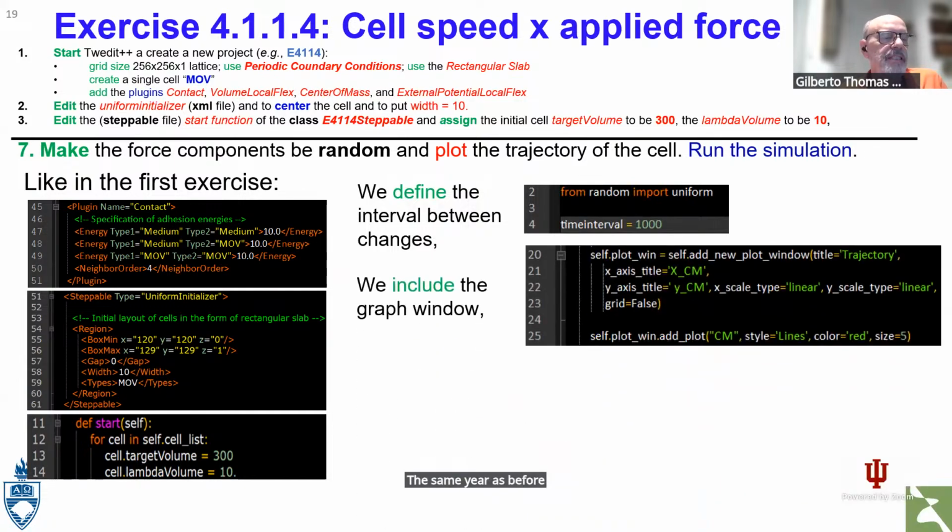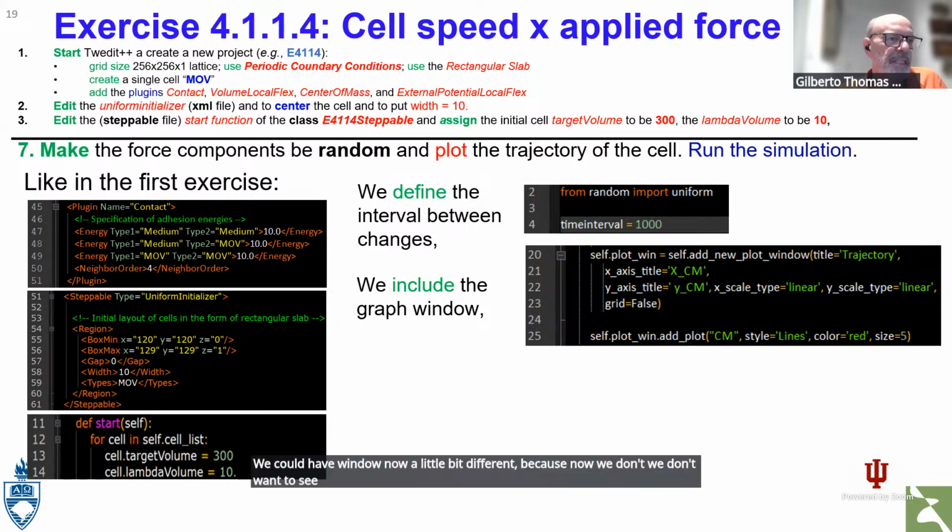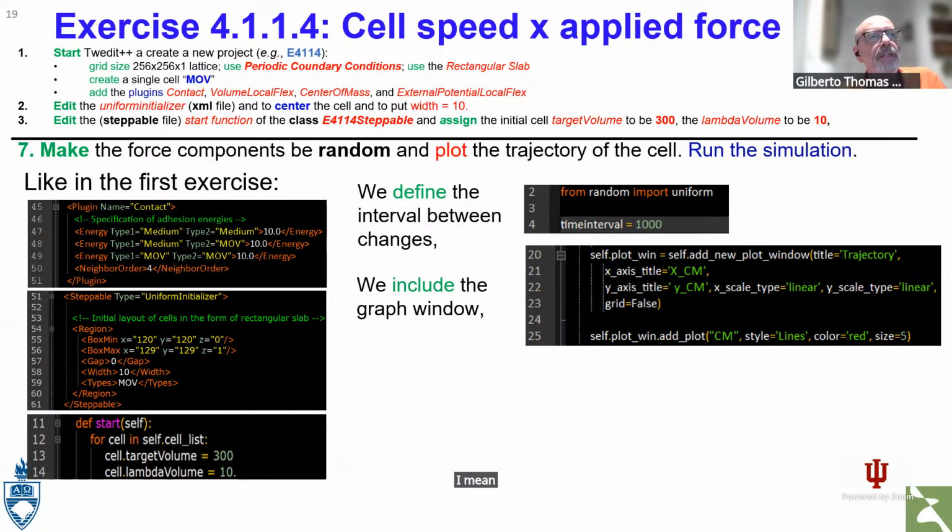You have this graph window now a little bit different, because now we don't want to see the speed against force. We want to see the position, the trajectory of the cell. I mean, how the cell is moving over space on the XY plane.